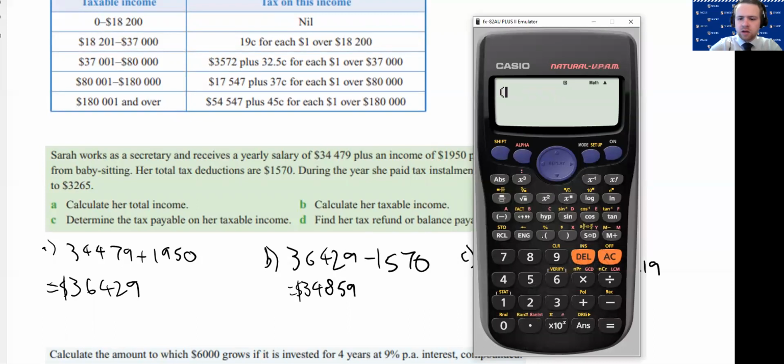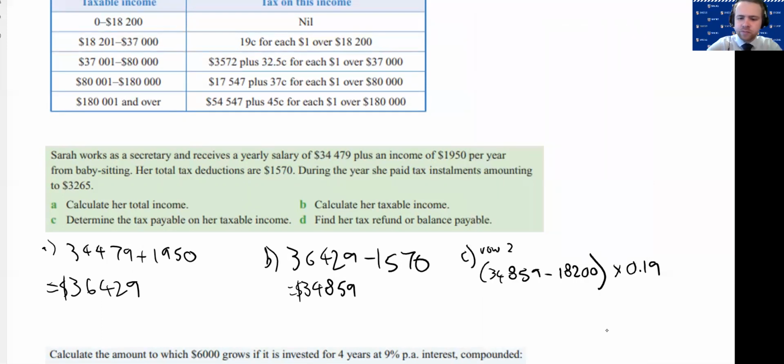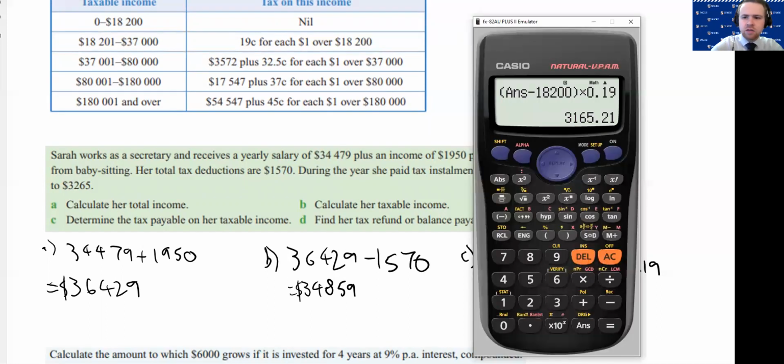And that is the tax she'll pay, $3165.21.